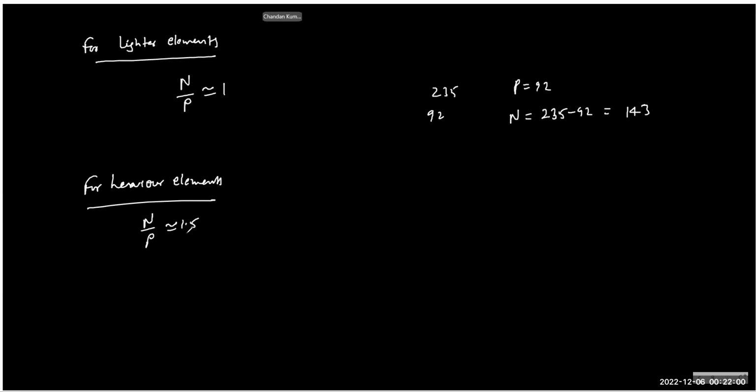So the problem is, the moment you exceed the limit, the moment you exceed 1.5, what will happen? How to balance it out? See, for heavy elements, for stability, I need a ratio of 1.5.